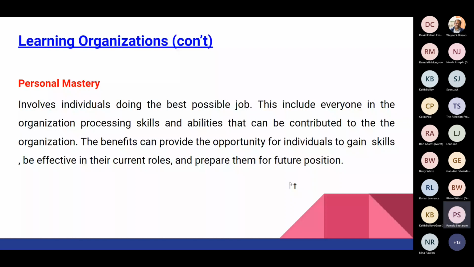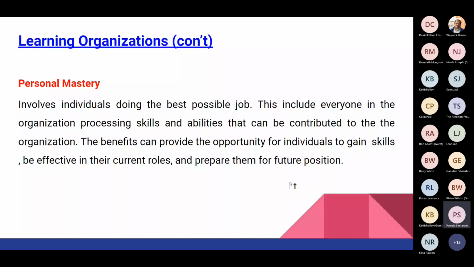The benefit can provide the opportunity for individuals to gain skills, be effective in their current roles, and prepare them for future positions. But if you think about a treasurer in an organization, this might include knowing how to use financial software, being able to follow the steps needed to purchase something, and having budgetary skills.